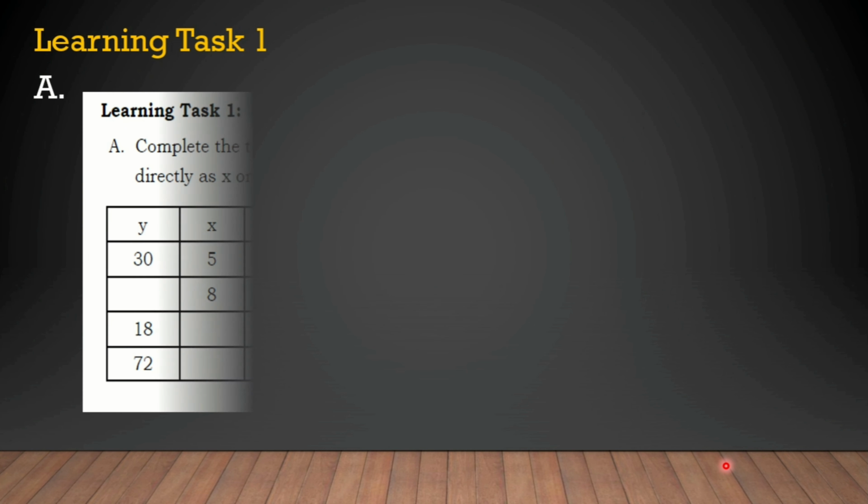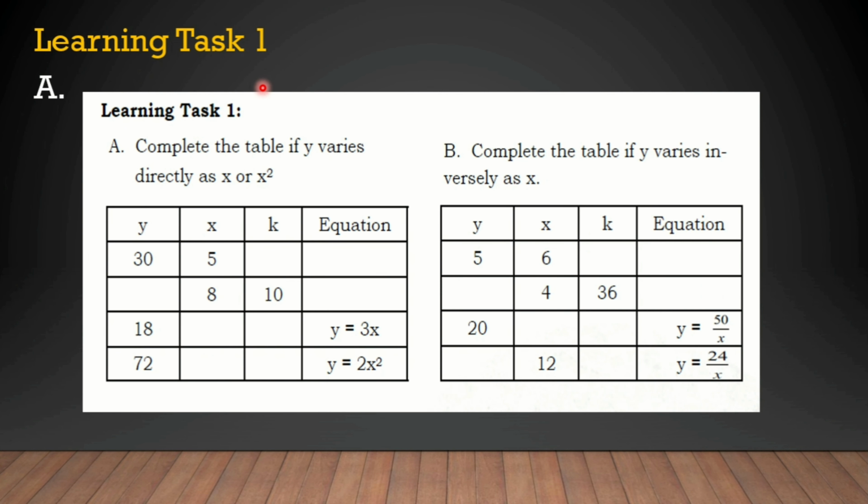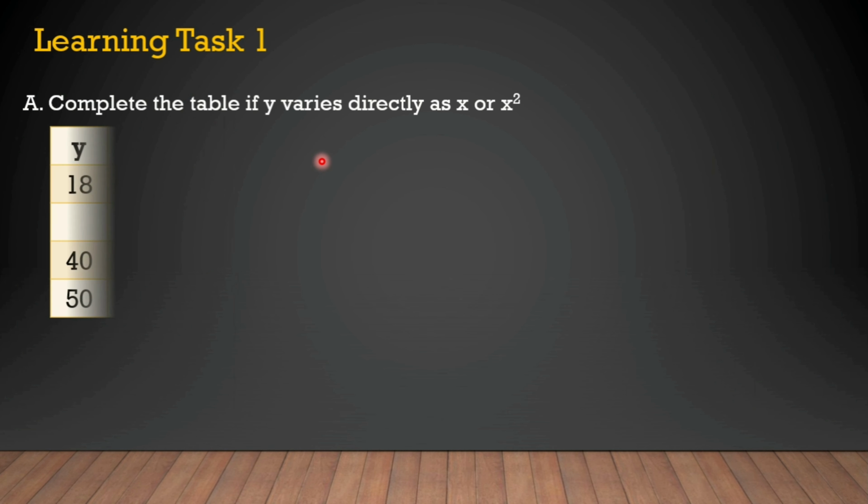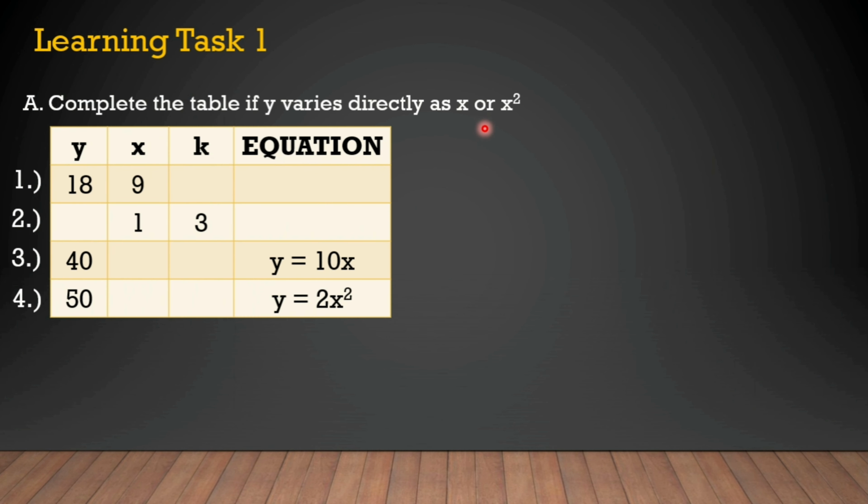Okay, next, I will show you how to answer learning task 1 in your module. Pero syempre, papalitan lang natin ng ibang given para meron lang kayong guide. Unahin muna natin sagutan yung letter A. Complete the table if y varies directly as x or x squared. So first, itatranslate muna natin yung mga statement na ito.